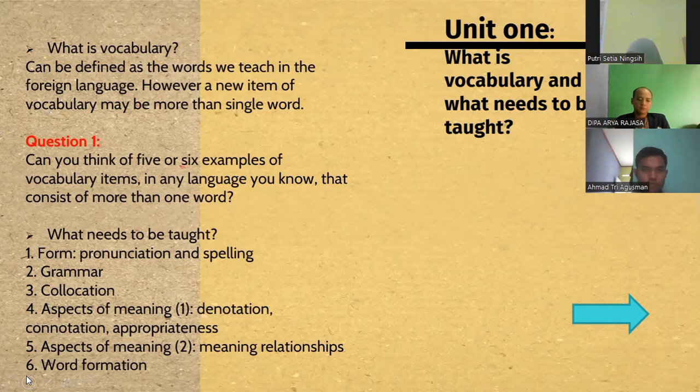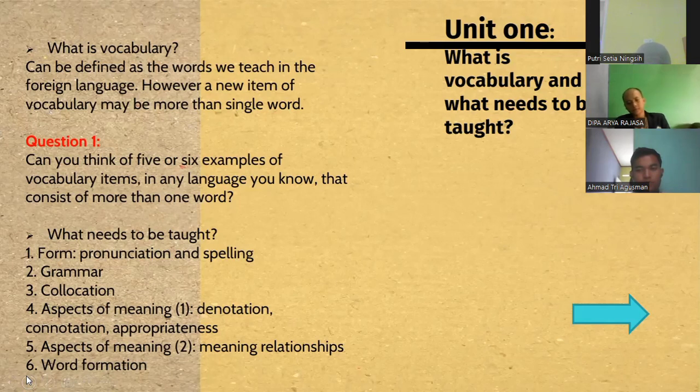The first is form: pronunciation and spelling. The learners have to know what a word sounds like, its pronunciation, and what it looks like, its spelling. The second is grammar. The grammar of a new item will need to be taught if this is not covered by general grammatical rules. The third is collocation.